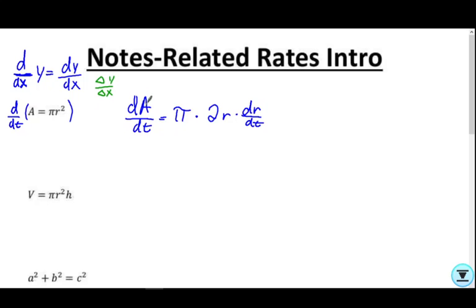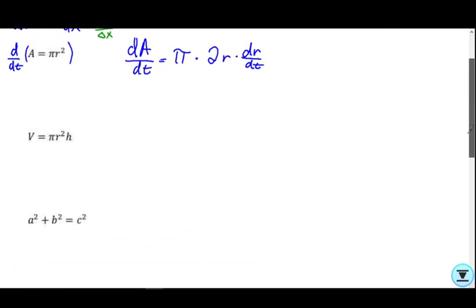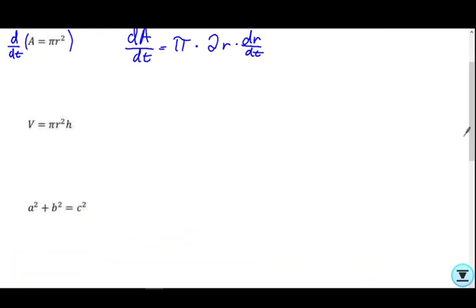So dA over dt literally means the change in area over the change in time is equal to pi times 2r times the change in radius over the change in time, which is what we expect. The rate that the radius is changing directly affects the rate that the area is changing. Okay? So that's basically what we're doing. We're taking the derivative of these with respect to time, and we're getting these differentials.